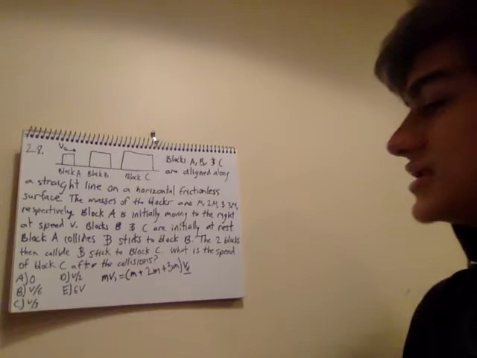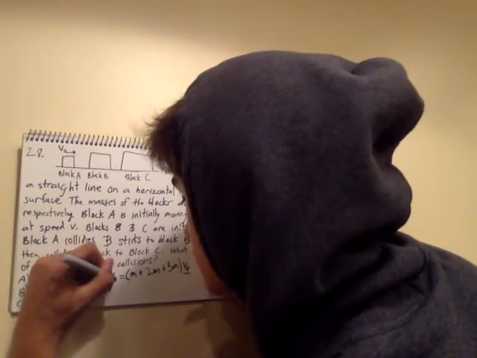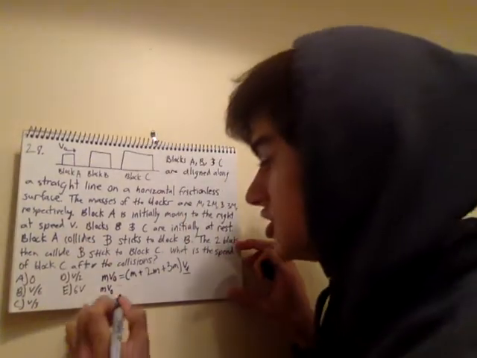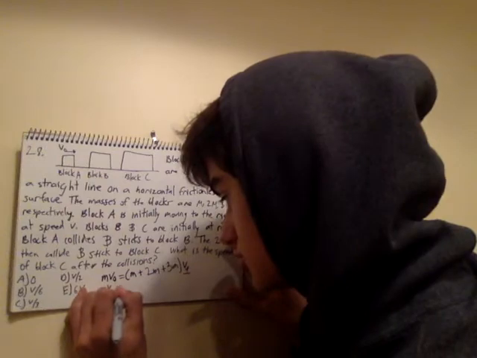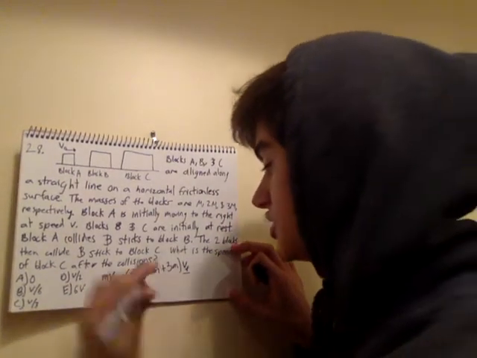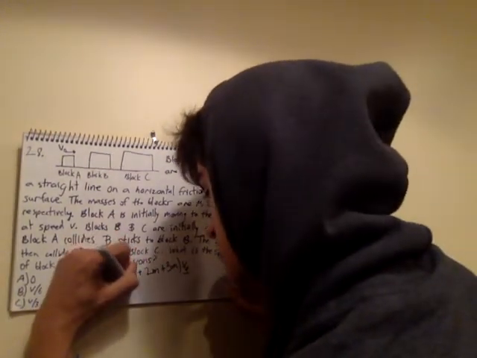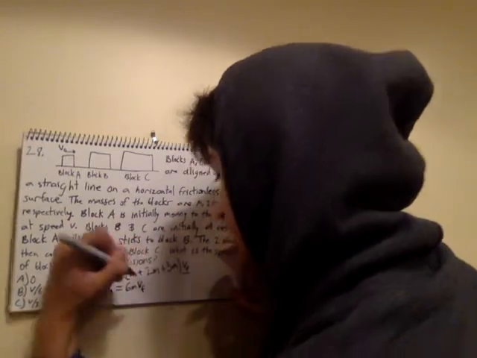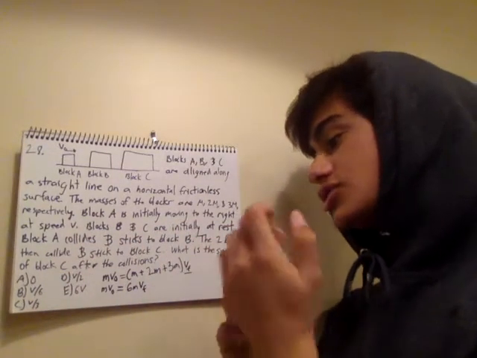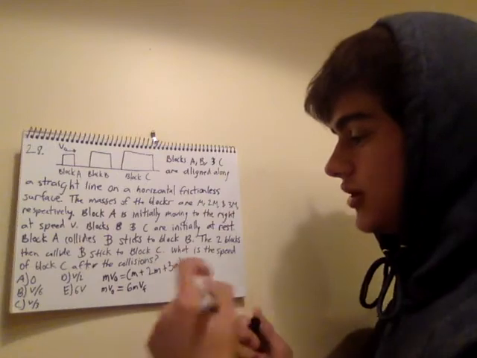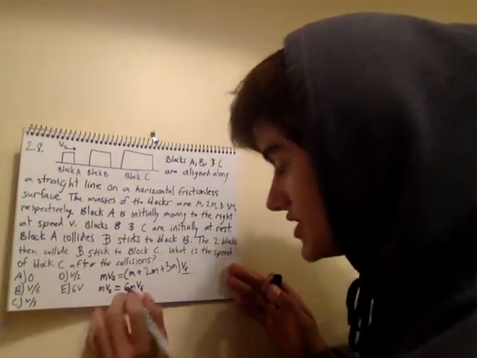So let's add these m's together. We've got m times v naught, let's just keep it simple, is equal to m plus 2m plus 3m, that's 6m v final.